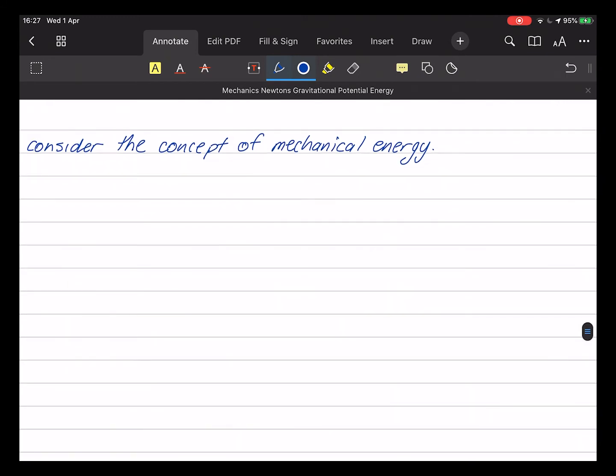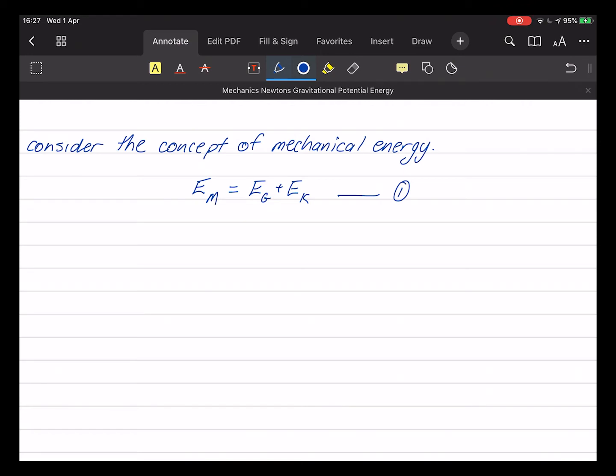And that is, if I let E_M be mechanical energy, as I mentioned previously, it's the sum of the gravitational potential energy plus the kinetic energy. I'm going to do some manipulation here, so let me call that one.